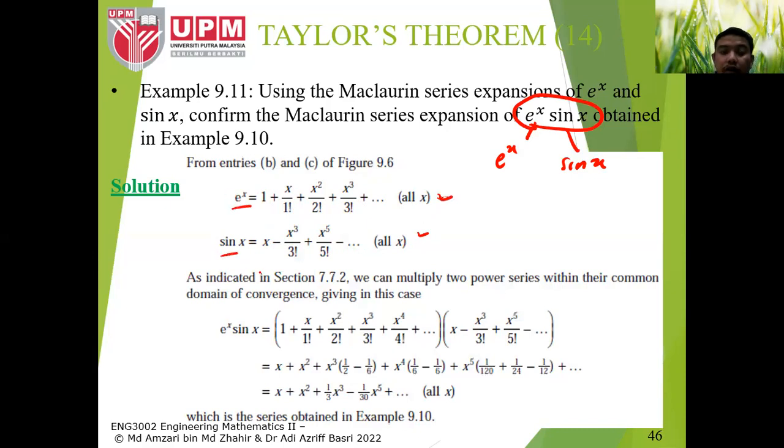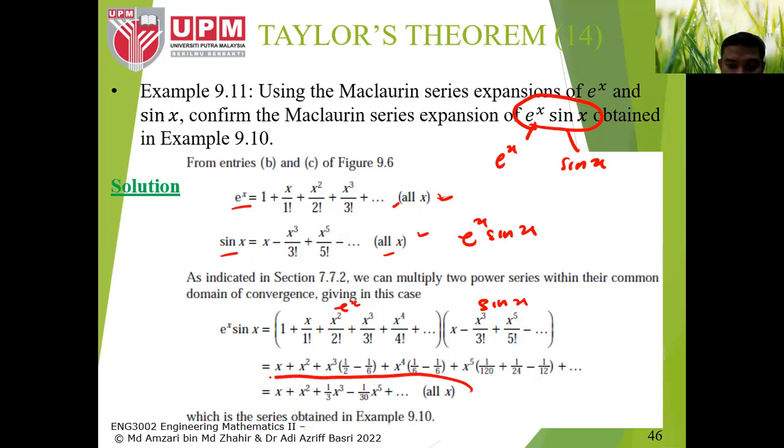So here you can multiply both of them in order to get e^x sin x. You can use these series in order, then multiply. The first series is for e^x, something like this, and the second is for sin x, something like this. When you multiply, you get the final answer: x plus x squared plus 1/3 x to the power of 3 minus 1/30 x to the power of 5 and the rest.